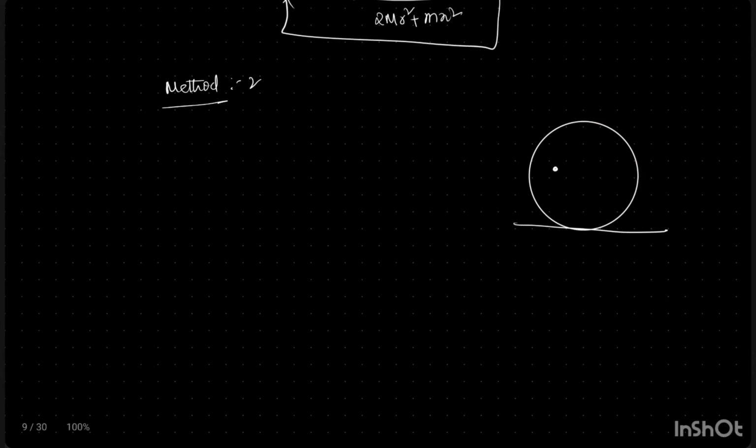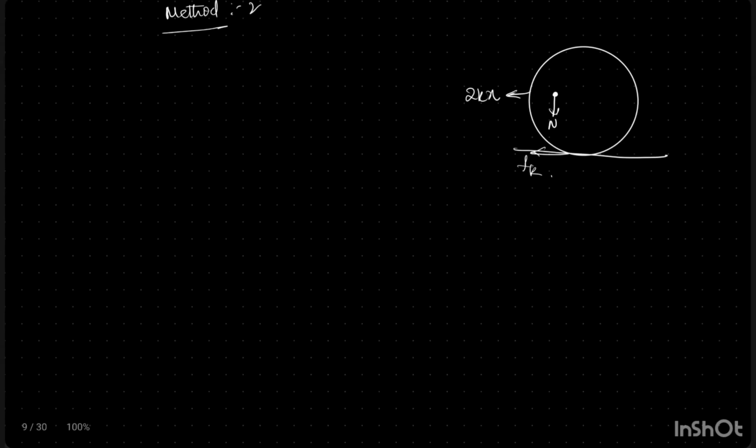So we know here the normal force will be acting, and there will be 2kx, and there will be frictional force, which we don't care about, and there will be mg, that also we don't care about.